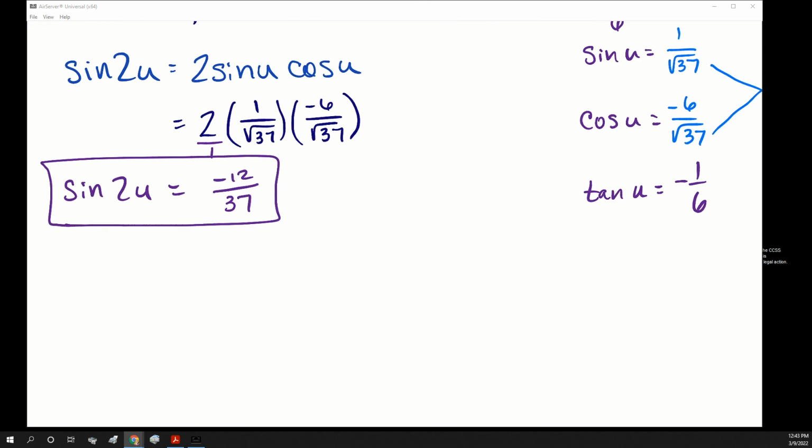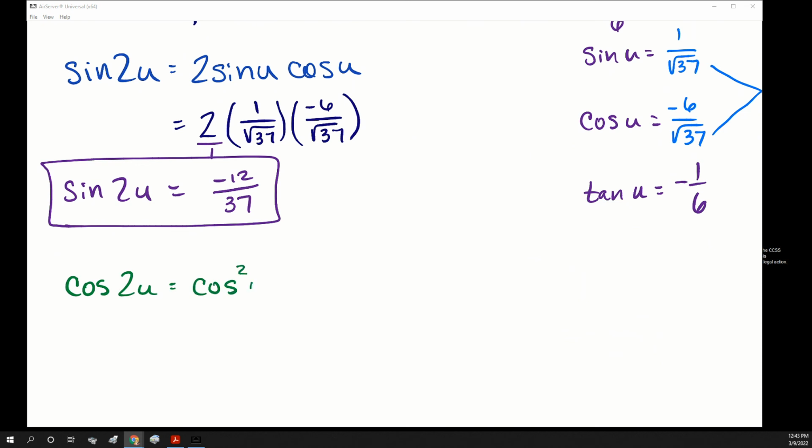Okay, a couple more. Let's do the cosine of 2u. So I'm just going to write down the formula.